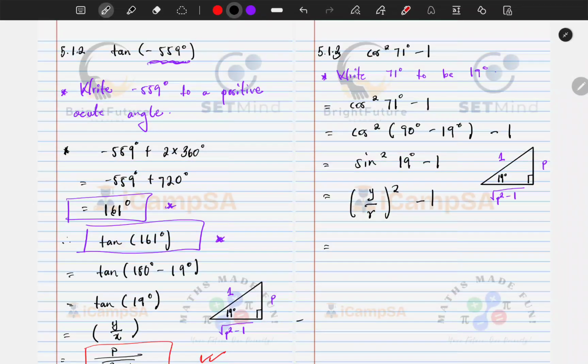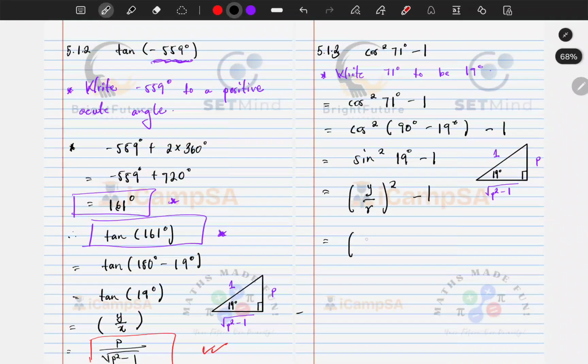So what is y? y is square root of p over, r is just 1, squared minus 1. So this is just going to be your p squared minus 1. So this is the answer.